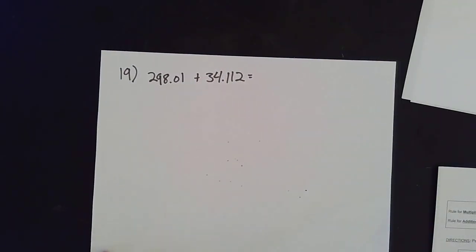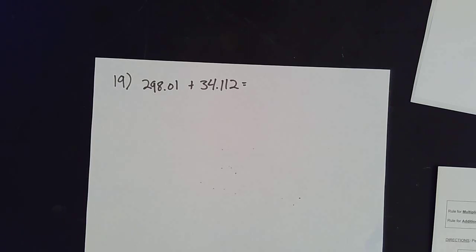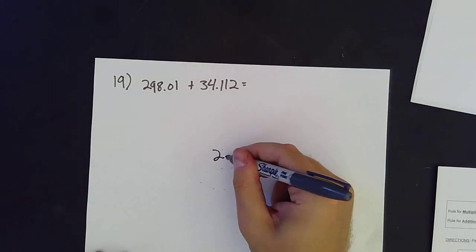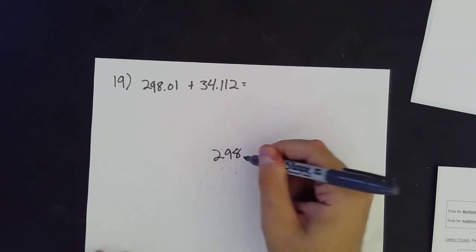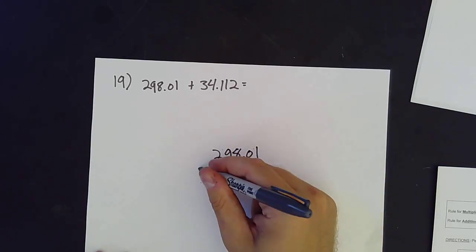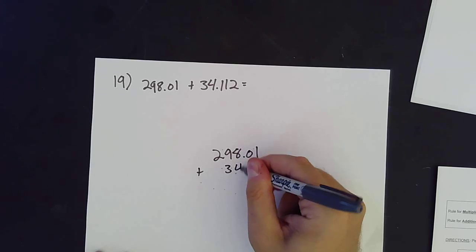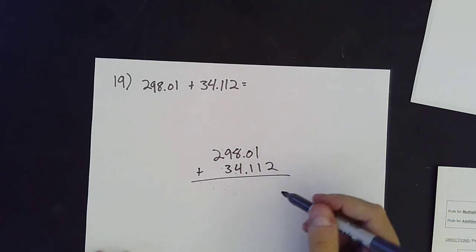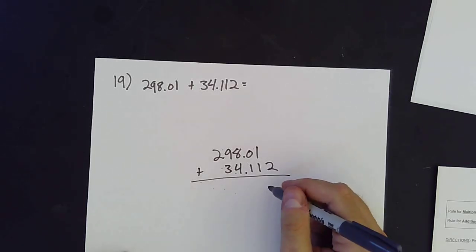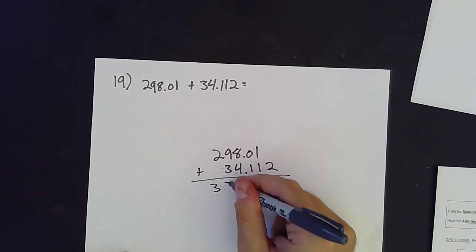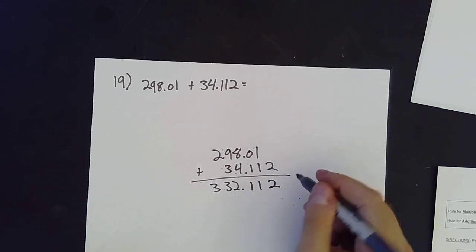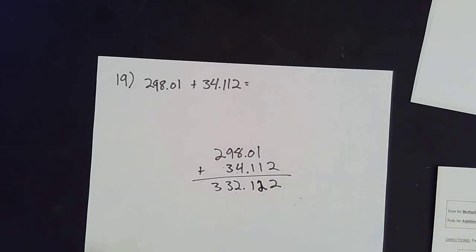And this will be the last one, so heading into it, double checking your work through all of these. Again, just starting off in a similar way, lining them up. 298.01. I'm going to add 34.112. Again, looking at the pieces of the puzzle here, for our number, it is 332.112, or 122, I'm sorry, 122.